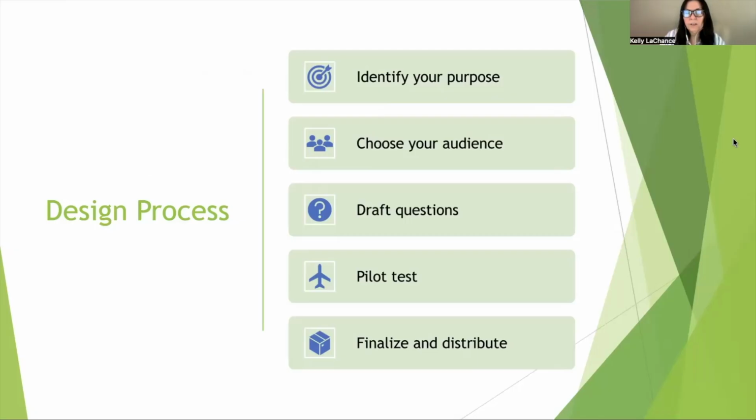They'll also give you feedback on the ease of using the survey as well. So this is just an overview of the design process. There are more in-depth things, and we will go into those as well. Once you have that, then you can finalize your survey and send it out.